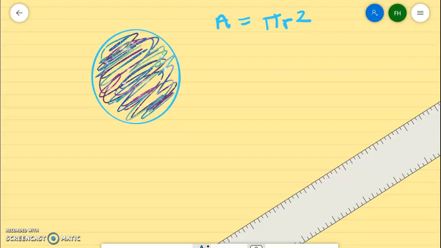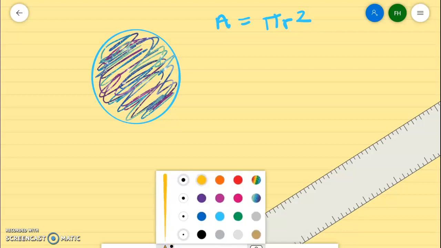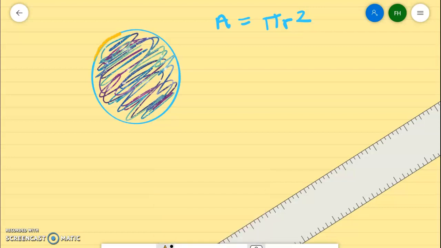Now, if you wanted to know how far around, say you're going to make a circular fence or a patio or something, just in a circle, and you wanted it around it like a fire pit maybe.